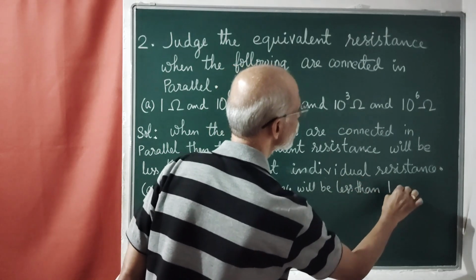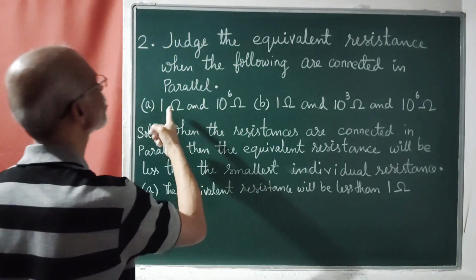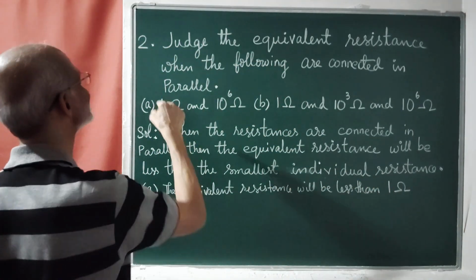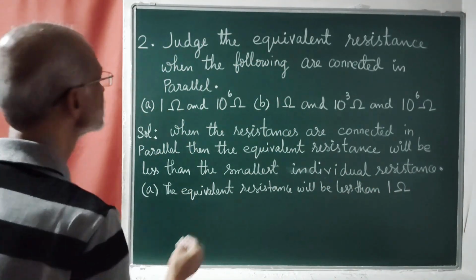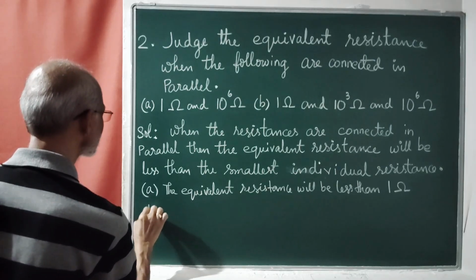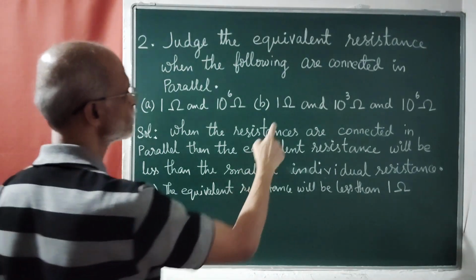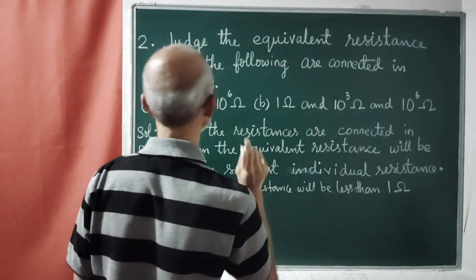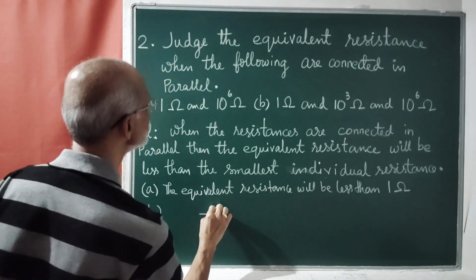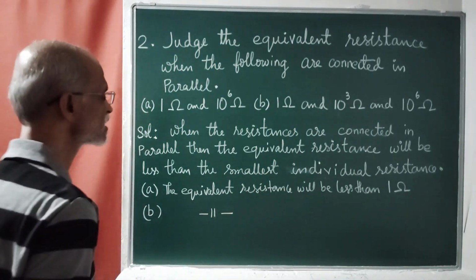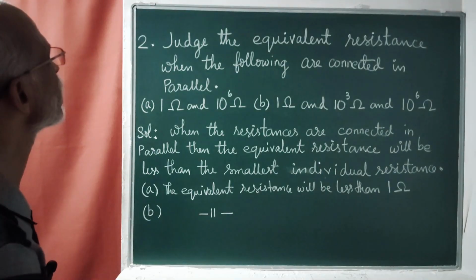Less than 1 ohm, because the 1 ohm is the smallest one. So it will be less than 1 ohm. In the second case, here also 1 ohm is the smallest one. Same thing. The equivalent resistance will be less than 1 ohm.